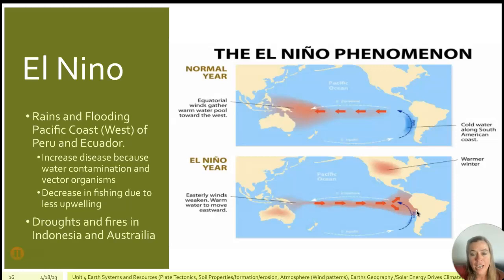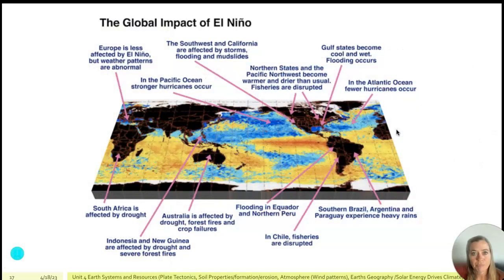And in addition to that, it creates a set of conditions for vector organisms like mosquitoes and ticks that can carry disease. So you have increase of both flooding, monsoons, landslides, but you also have all of those parasites and disease. El Nino actually has a global impact, although we focus on the western side of South America and the eastern side of Australia and Indonesia.